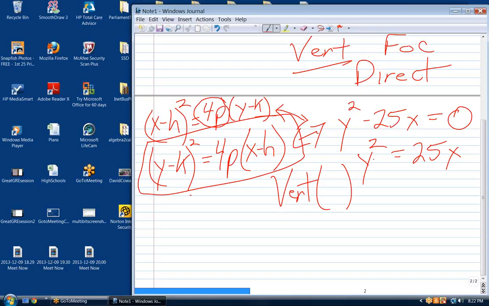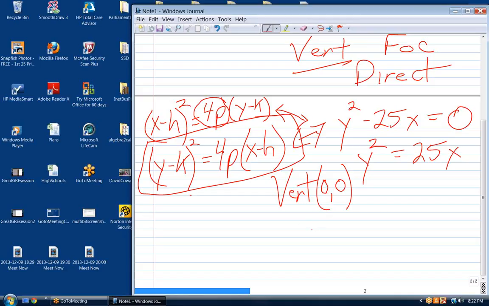Both 0. In other words, this isn't y minus 1 squared, and this isn't 25 times x plus 2. In other words, K has to be 0 and H has to be 0. So our vertex has to be at 0, 0. Okay, now we can calculate P.